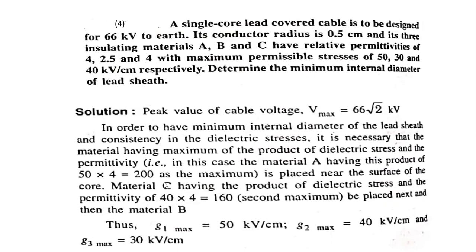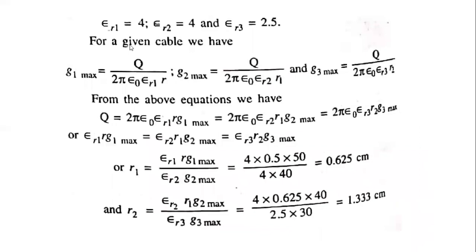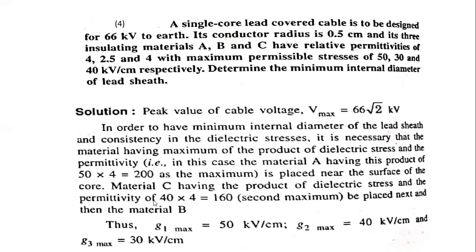Similarly, we calculate 40 into 4, that is 160, the second maximum at the B point. Then we obtain G1 max as 50 kilovolts, G2 max as 40 kilovolts and G3 max as 30 kilovolts.